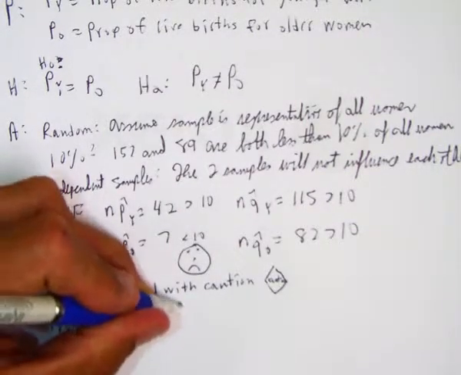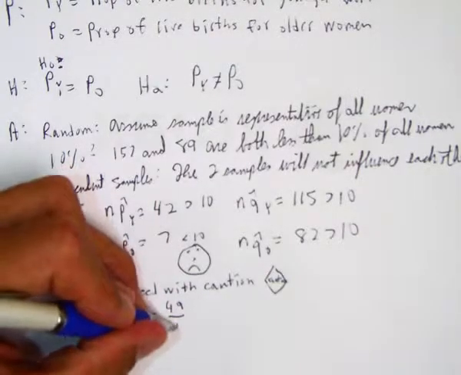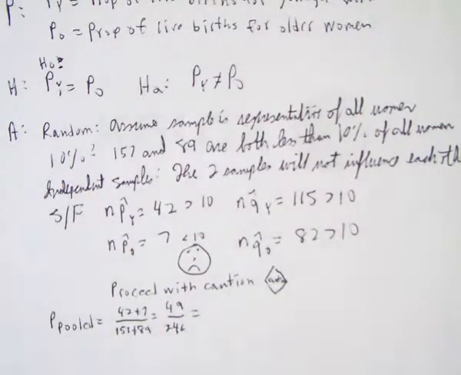So you really have 49 of the 246, which is just about 0.199.